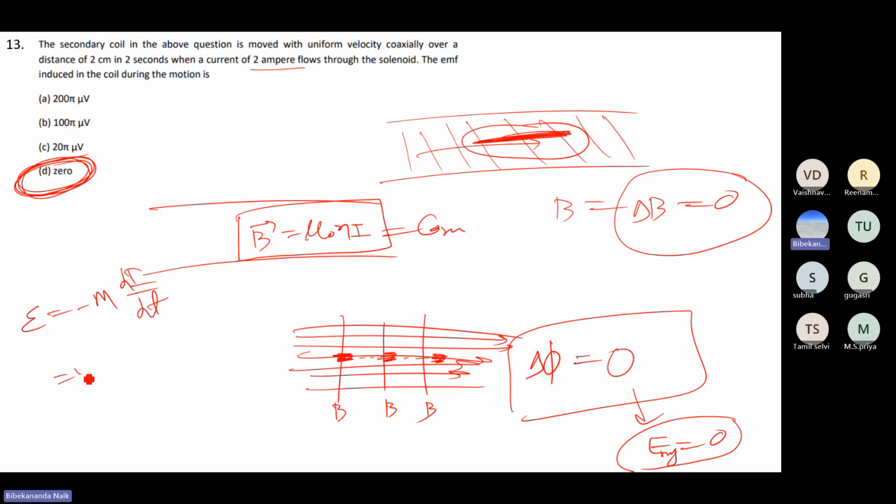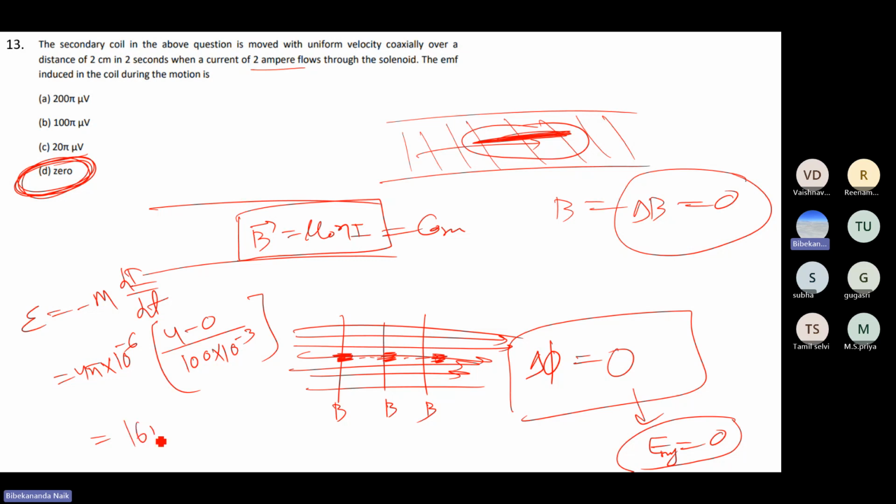So we know M we had calculated it is 4 pi microhenry, 4 pi 10 to the minus 6. The change in current changed from 4 to 0 in time period 100 millisecond, that is 100 into 10 to the power minus 3 second. So this is the value, and if you calculate it, it will be how much? It will be 10 to the power minus 3 into 10 to the power 2 into 10 to the power 1.